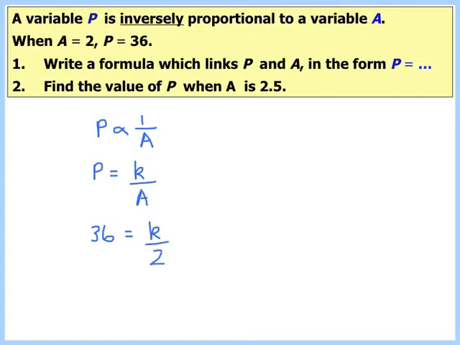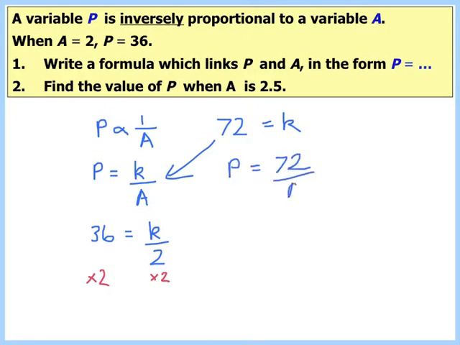So in order to work out the value of k, I just need to multiply both sides by 2. If we do that, we get 72 equals k. And now I've got to stick that back in again. So I get p equals 72 over a. And that's that bit done.